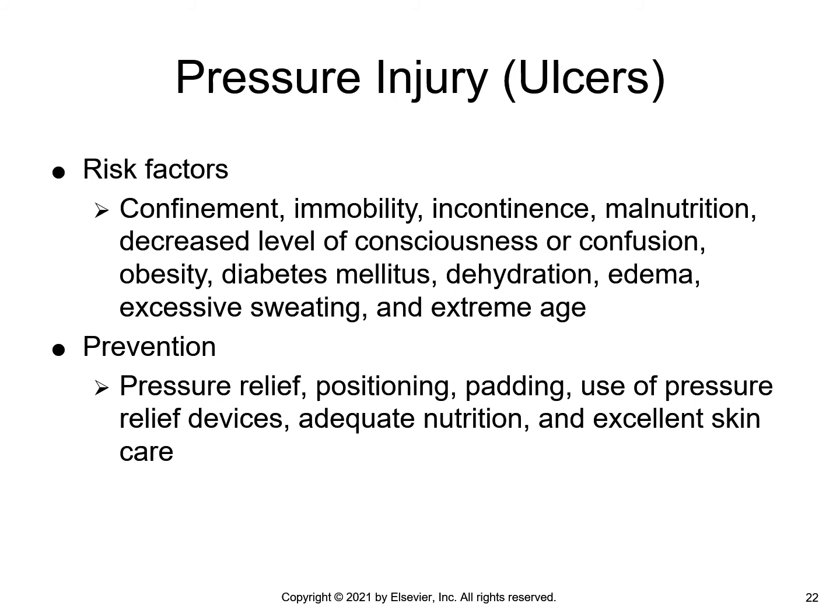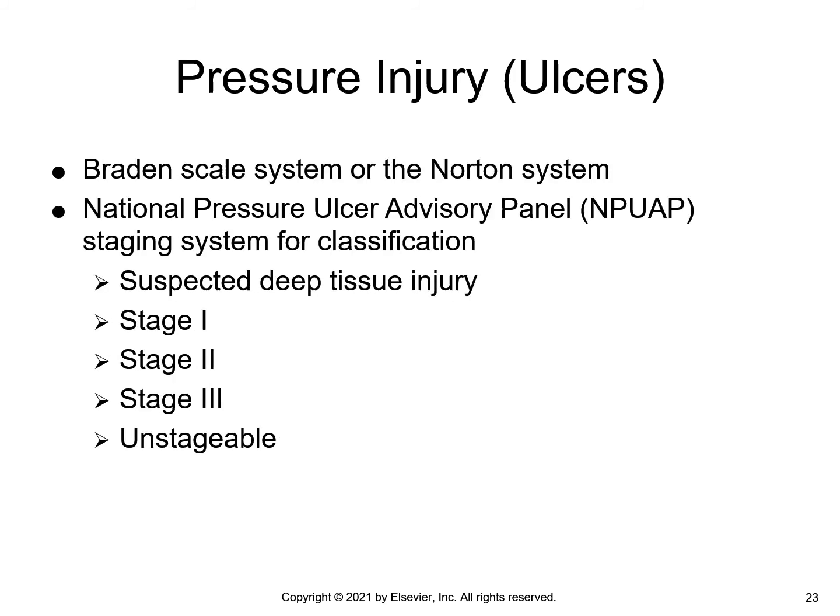Areas most prone to pressure injury are those over bony prominences. The National Pressure Ulcer Advisory Panel has updated pressure ulcer definitions for the prediction and prevention of pressure ulcers and a staging system for classification.